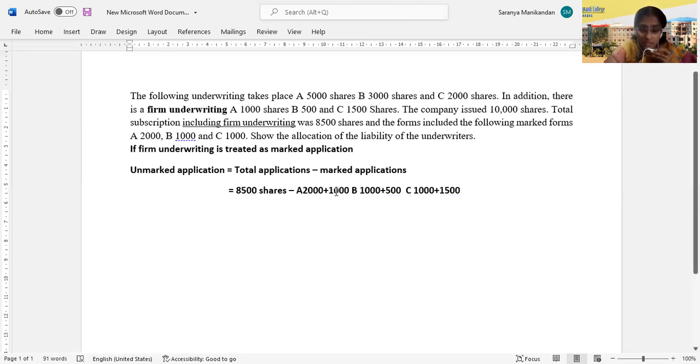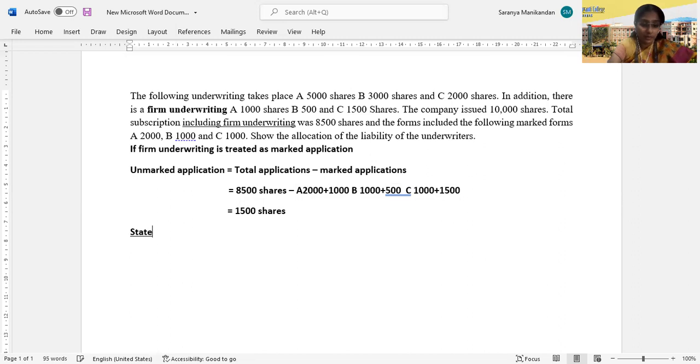So A is 3,000, B 1,500, C 2,500. So how much are we getting now? 3,000, 4,500, so total it is 7,000. So 8,500 shares minus 7,000, we get 1,500 shares as unmarked application.